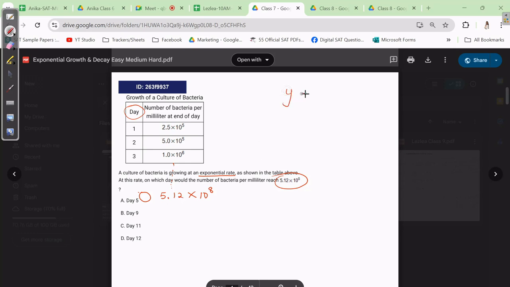So y equals a times b raised to x. If y becomes 5.12 times 10 raised to 8, then this will happen for which value of x? First thing, Anika, you need to figure out what a is and what b is.